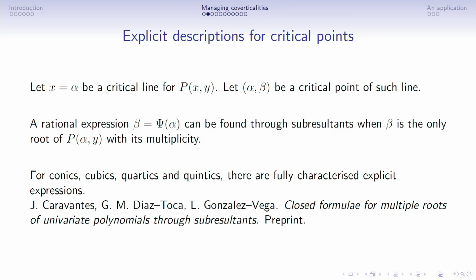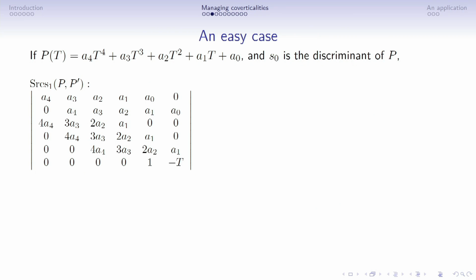Moreover, for conics, cubics, quartics and quintics, due to the low degree, there are easy expressions which are not always rational. For instance, if we consider a quartic polynomial, we can define the zero subresultant as just the discriminant of this polynomial, the determinant of the Sylvester matrix associated to the polynomial and its derivative.